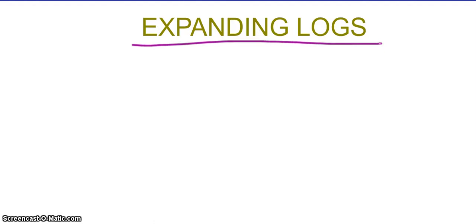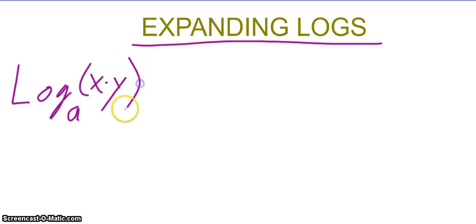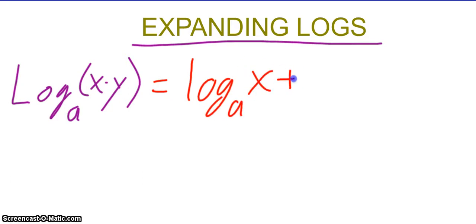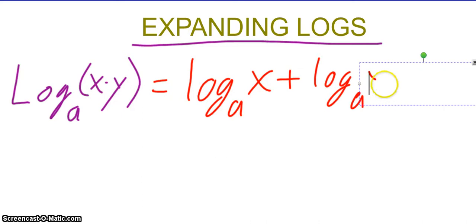So for example, if we have some log base a of x times y, since this is multiplication with what we're taking the log of, this expands using addition, and so it becomes log base a of x plus log base a of y.